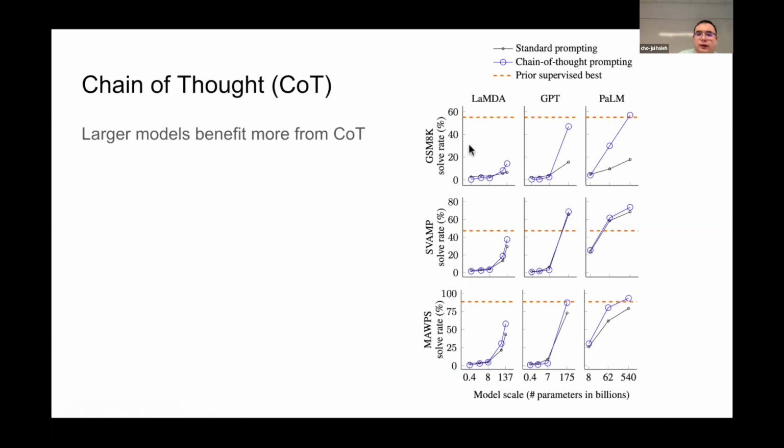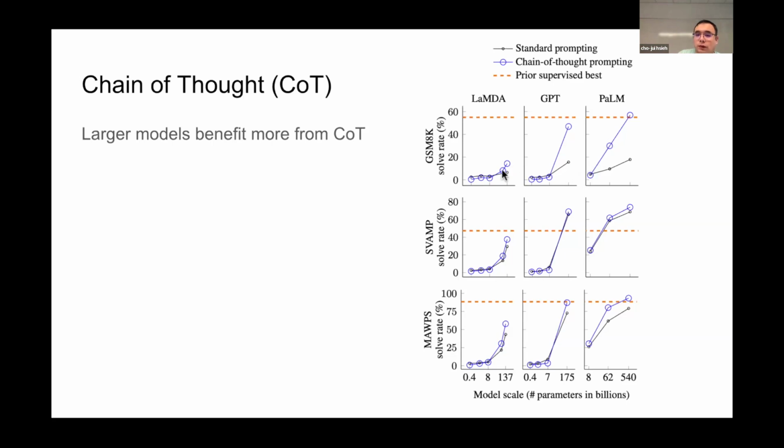This is the performance improvement from chain of thought. We can see larger models benefit more from chain of thought. I think the intuition is that smaller models don't really know how to think, so even if you ask them to think, they don't give correct reasoning, and sometimes they even make more mistakes because with a very long reasoning process, if you make a mistake in any intermediate step, the answer will be wrong.